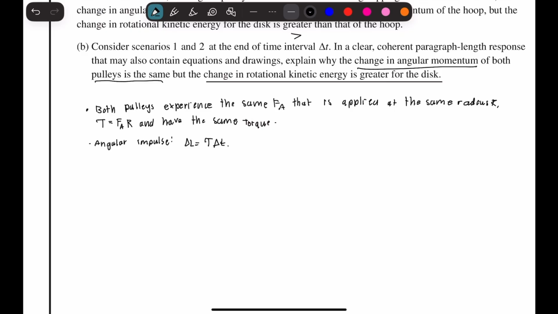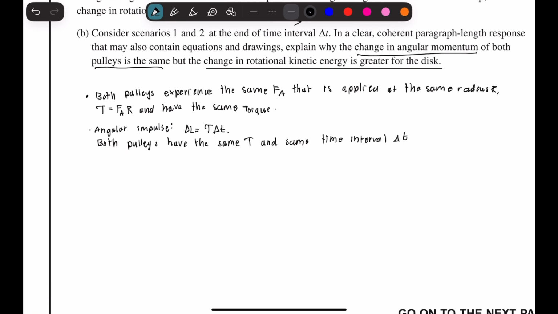And we know that both pulleys have the same torque and the same time interval for which they are measured. So the change in angular momentum is the same for both pulleys.